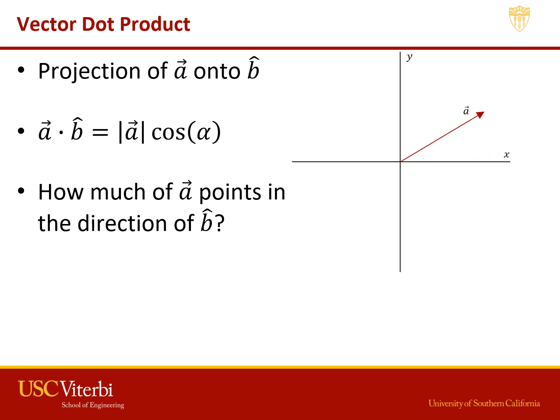Well, that's the projection of A onto the x-axis. We do the same exact thing we just did on the previous slide. We say make a unit vector in the x direction and dot product A and this unit vector x. What do we get? We get A dot x, or magnitude of A times the cosine of alpha.